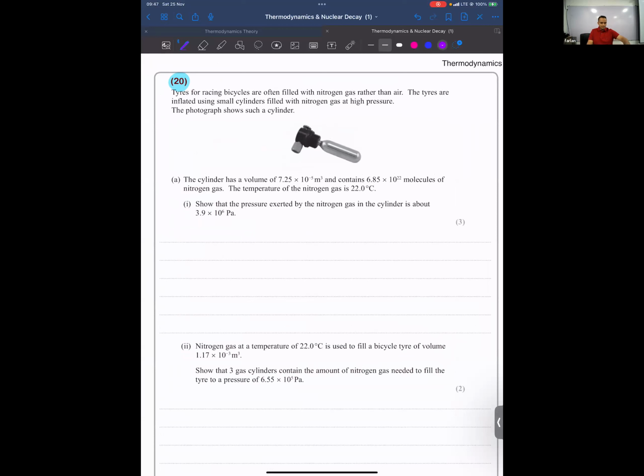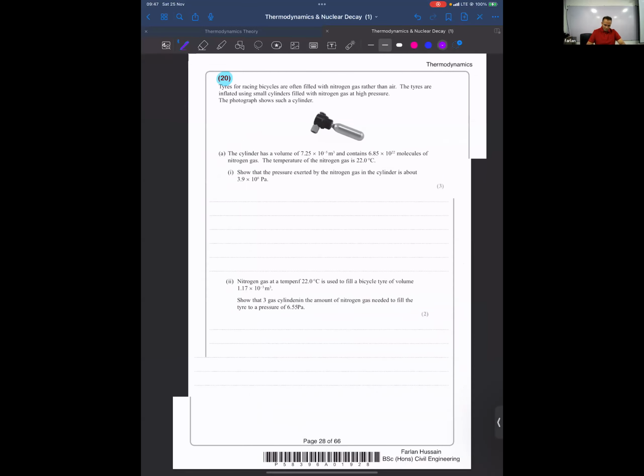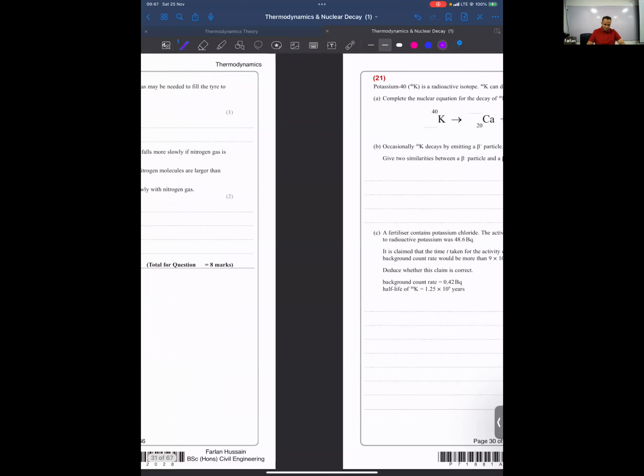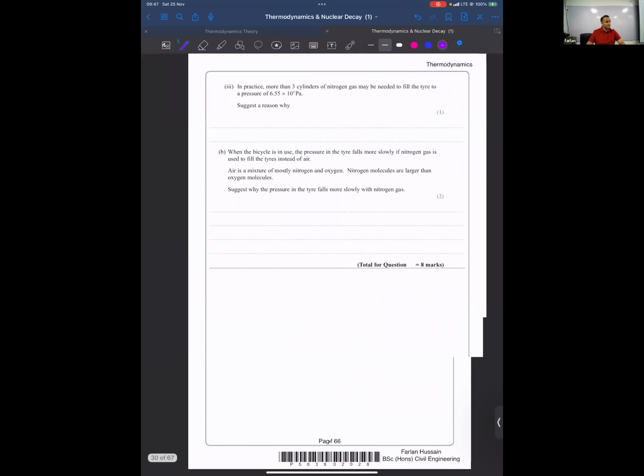Tires for racing bicycles are often filled with nitrogen gas rather than air. Should you do this? Have you done this question?